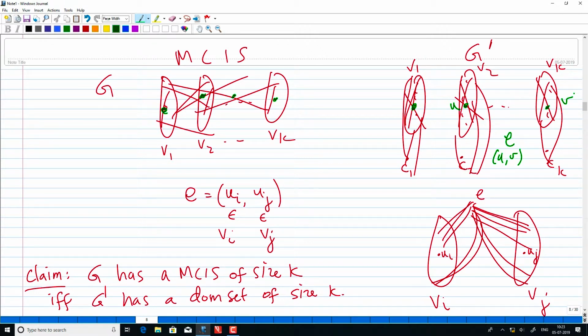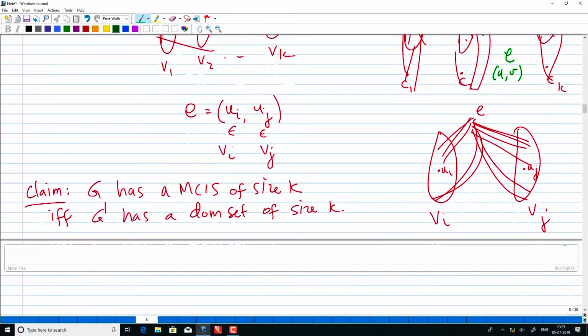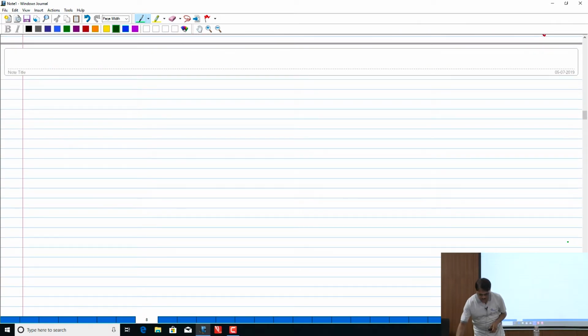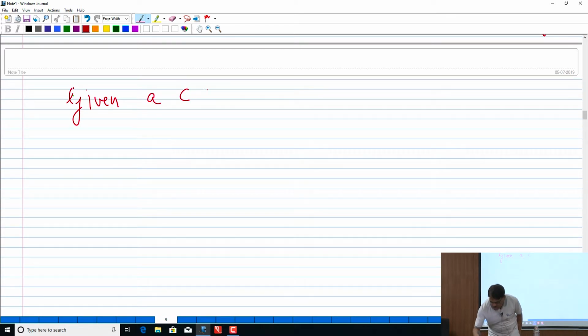Okay. So let's do one more reduction. I just thought of it now. Okay, so let's look at a non-graph problem for a change.